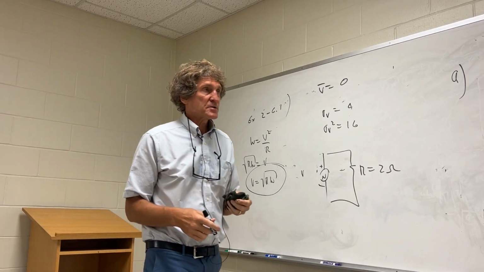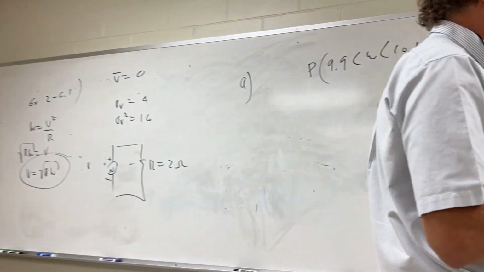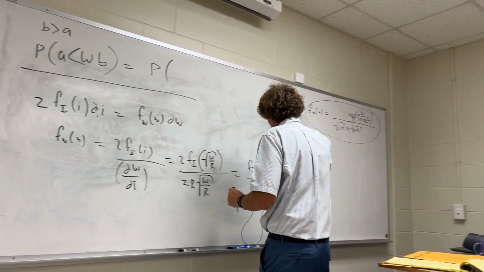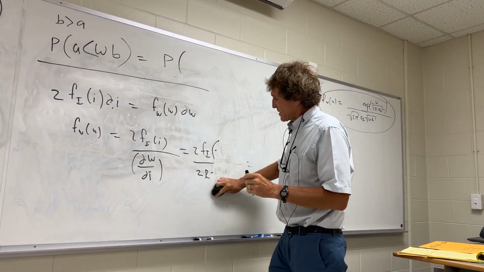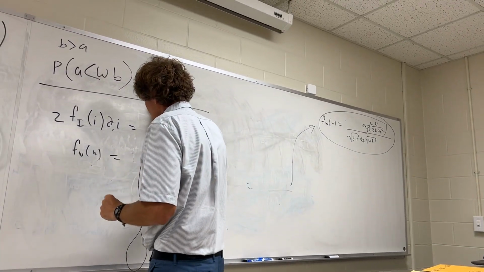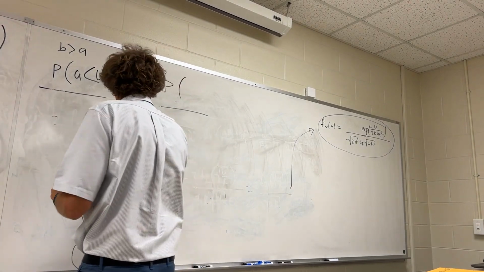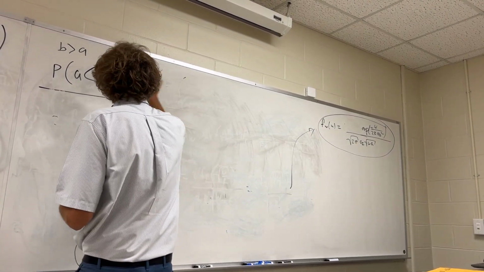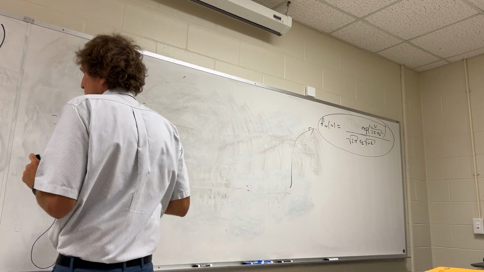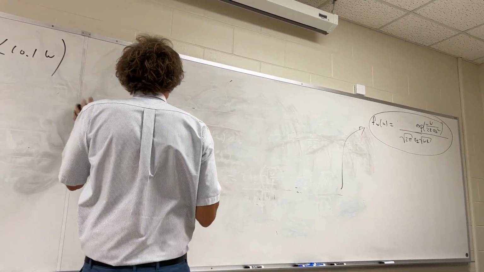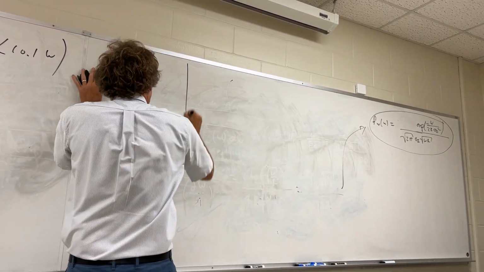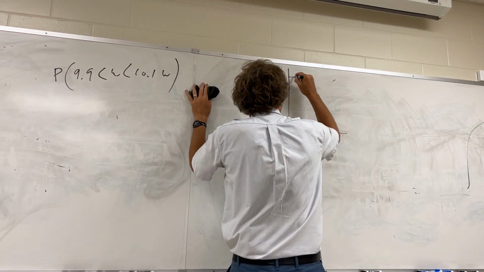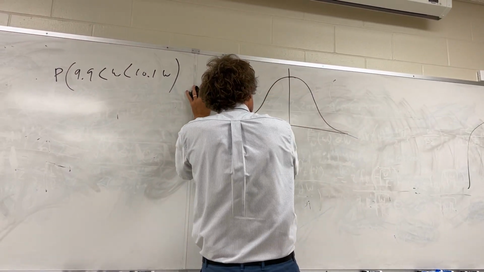Now, I'm drawing this up here because I think it'll help you in general. What do they want the probability of? Between a couple of values. So if I go ahead and put the density function for the voltage, which is the same for the current, since it's got a 0 mean, it looks like this.